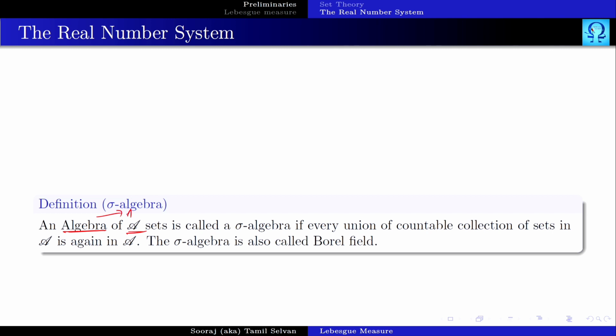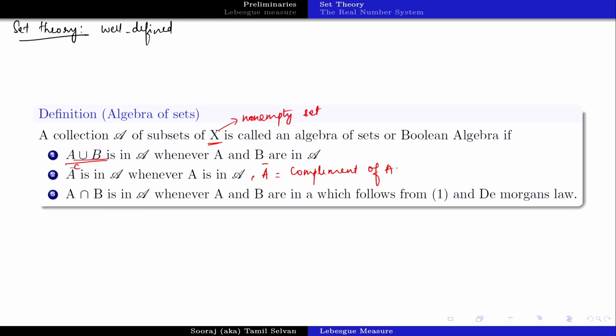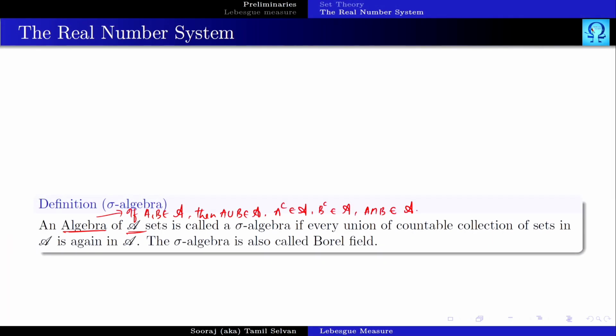It means if A and B are in script A, then A union B must be in script A, then A complement must be in script A as well as B complement also. For all the sets, it has to be true, right? A intersection B must also be in script A. This union shall be extended for any number of sets, as well as the intersection. So these conditions have to be satisfied.